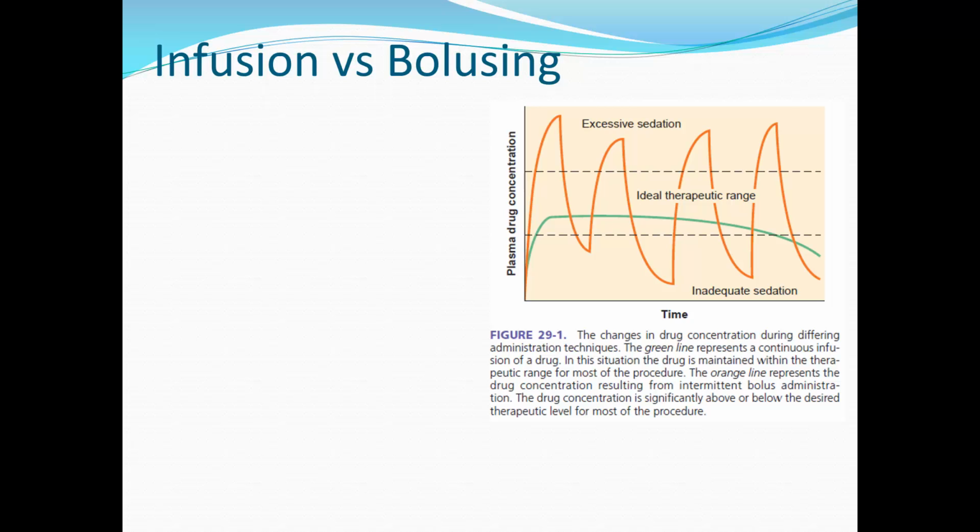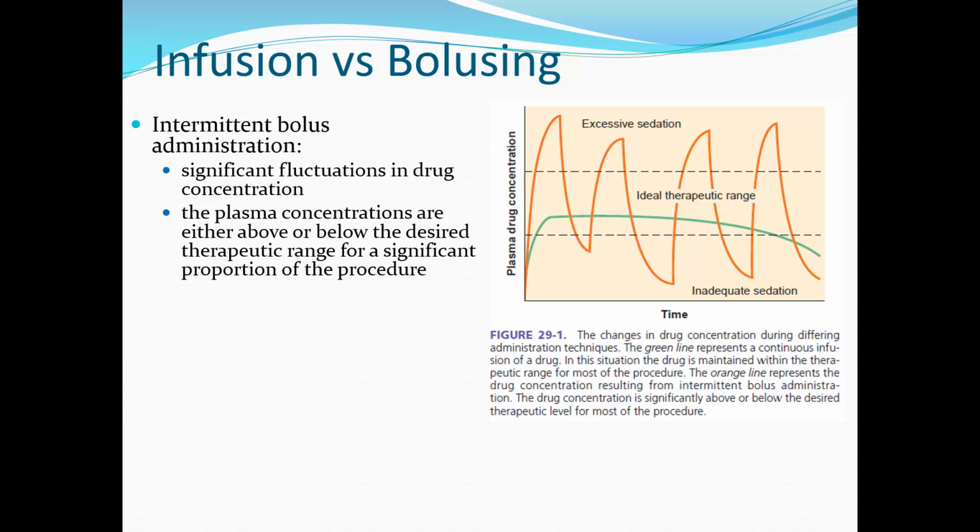Now, this graph shows you the plasma drug concentration over time, and the green line is the plasma concentration of an infusion compared to, I think, the yellow or orange line of the intermittent boluses.